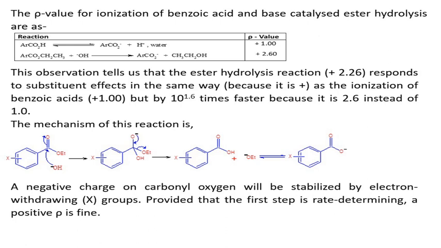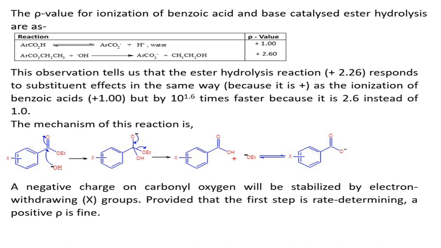It is slightly unstable, but the electron density in the oxyanion intermediate, as compared to the reactant, increases, because there is a bond formation between carbonyl carbon and OH, and then OR minus is expelled. Finally there is formation of the carboxylate ion.